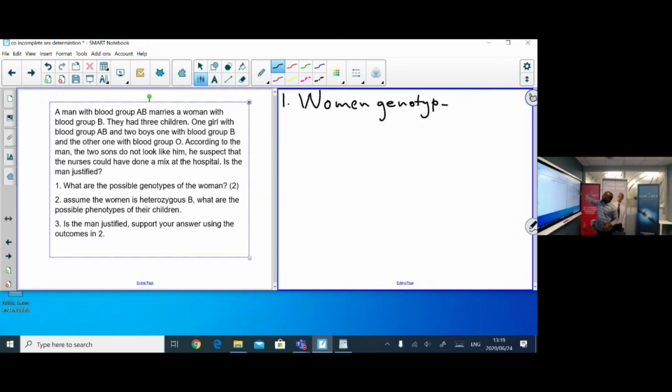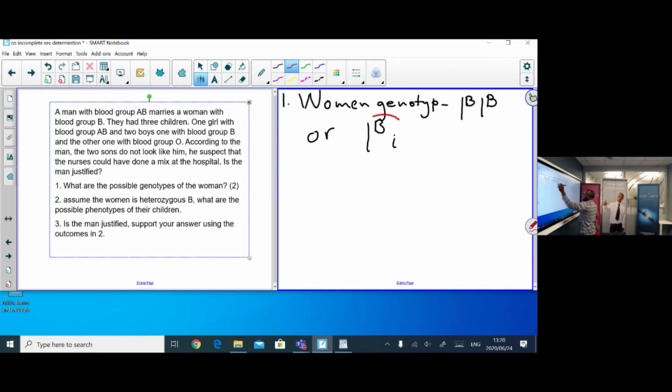Remember, we are only told a woman with blood group B. That's the phenotype, phenotype B. But we know that phenotype B could be in a homozygous condition or heterozygous condition. So the woman could be homozygous blood group B or heterozygous B. Those are the 2 possible genotypes.